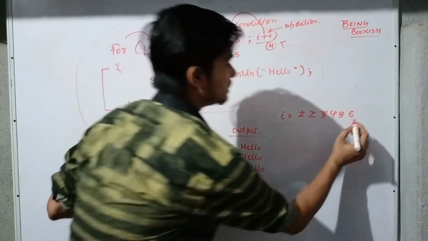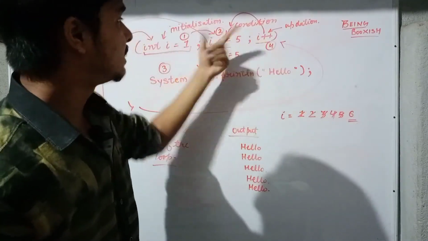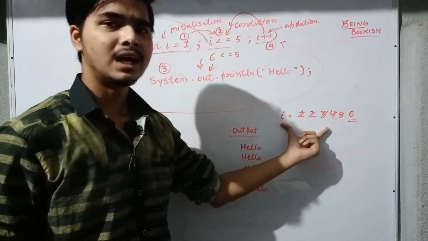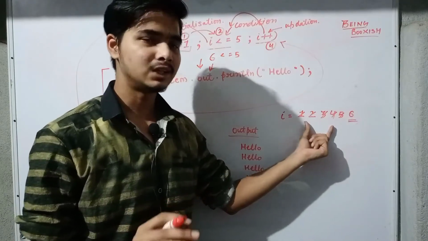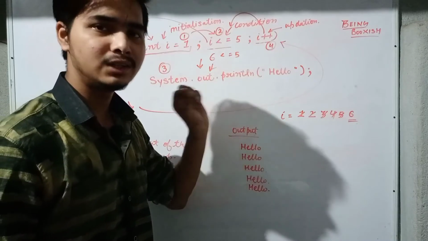No, I's value is 6, and only when it becomes 6 does the condition become false. So this is very important to note, so kindly note it down. And if you are a beginner, do this for a few days, and after that you will be able to understand and remember the I value in your head.